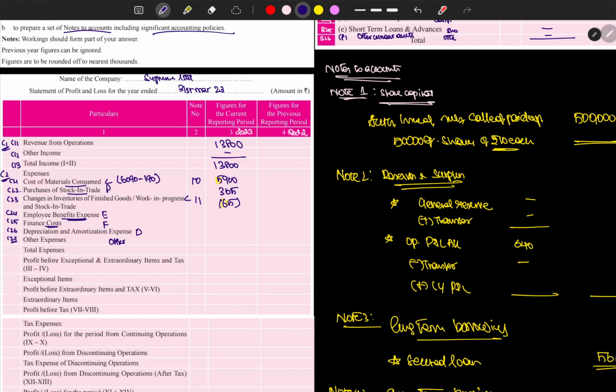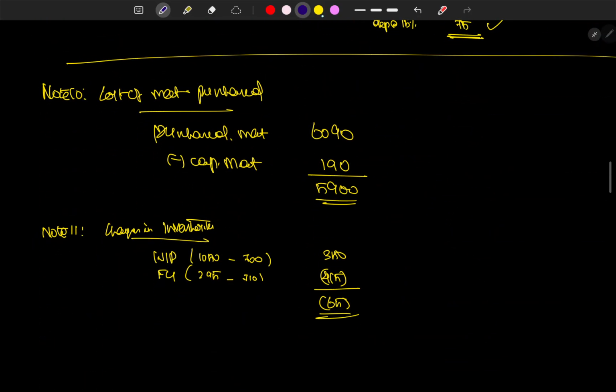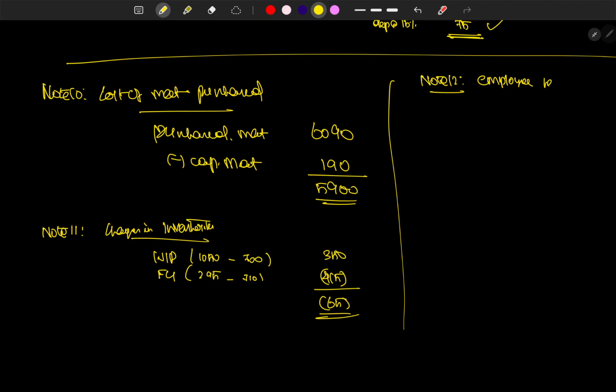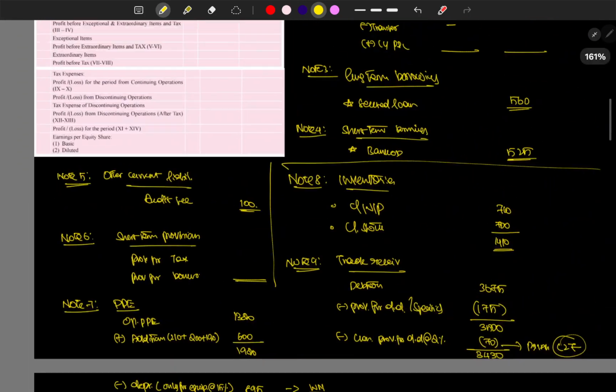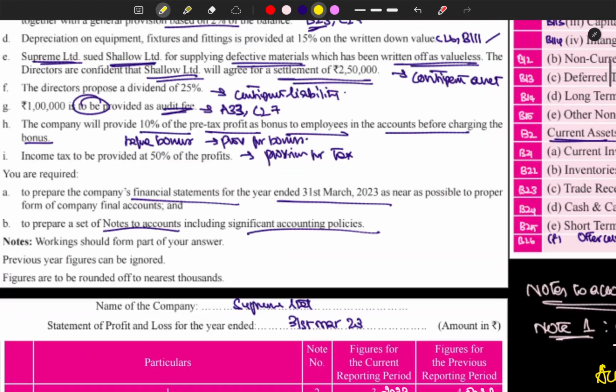Okay, 11. Employee benefit expenses. Let's prepare the note for employee benefit expenses. What's the code number? Code number is C24.